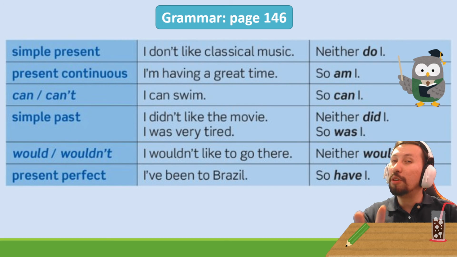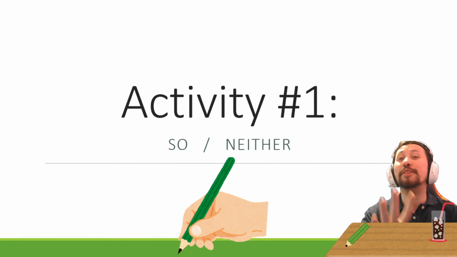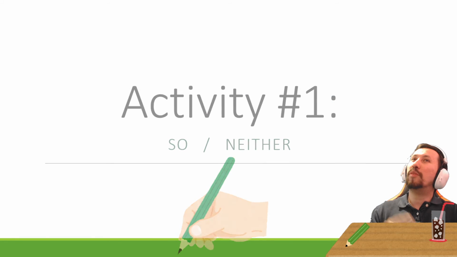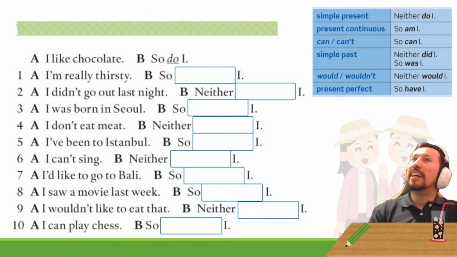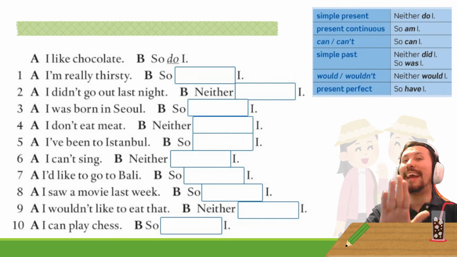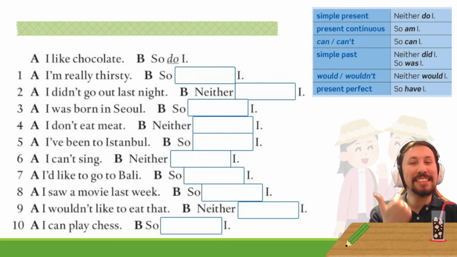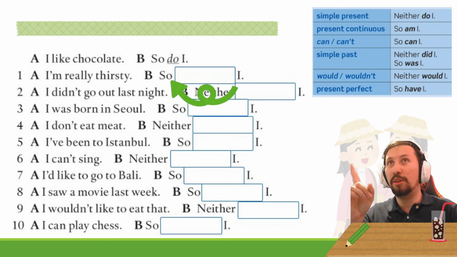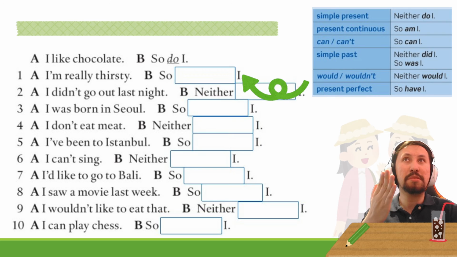So I'm going to show you now two activities for you to practice this. And then we finish. Activity 1. Look at these 10 different phrases. I challenge you to stop the video and complete these 10 phrases with so do I, neither do I. But look, the so part is ready.